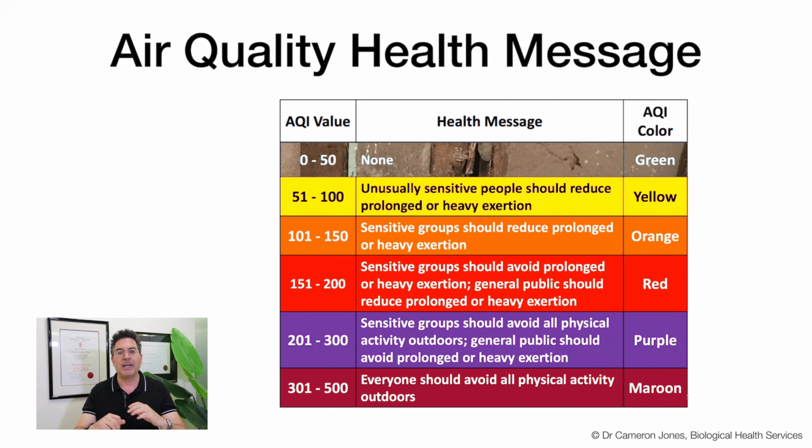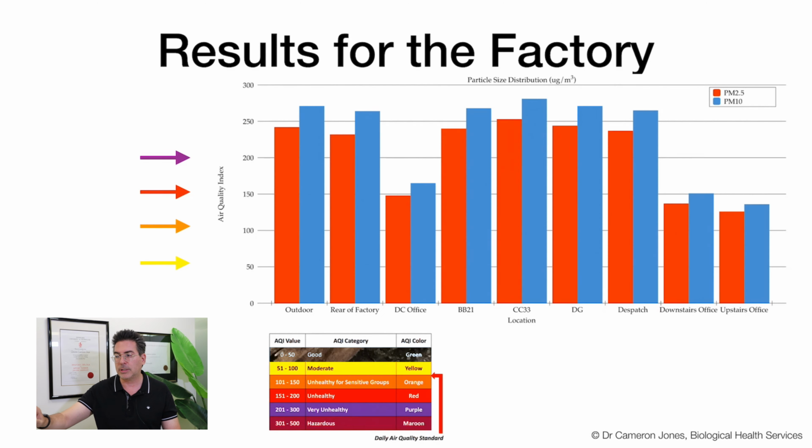Sensitive people should avoid physical activity outdoors. And really, these are the predominant health messages. And these are really, really fundamental to protecting yourself when these sort of natural disasters happen. It's not sufficient to just look outside and say it's smoky. You do need to protect yourself, especially if you've got any underlying respiratory issues.